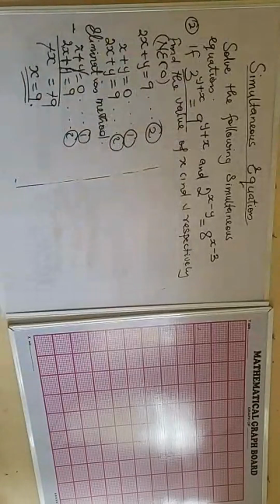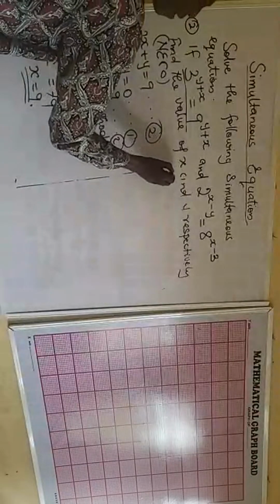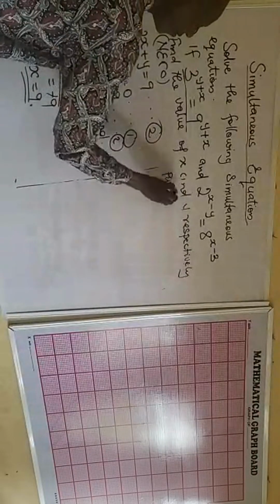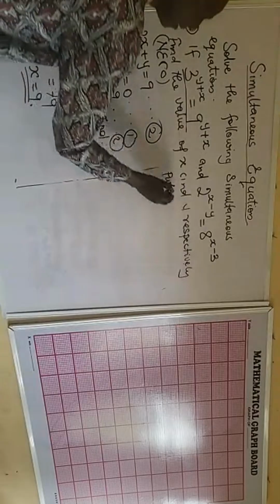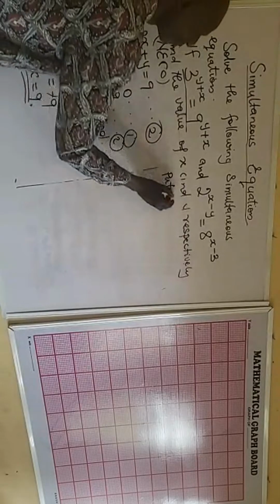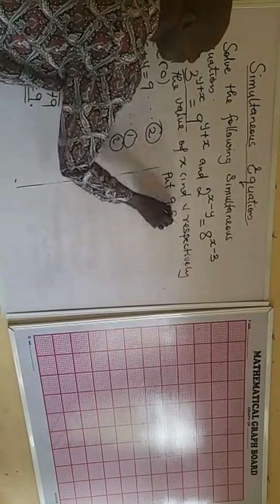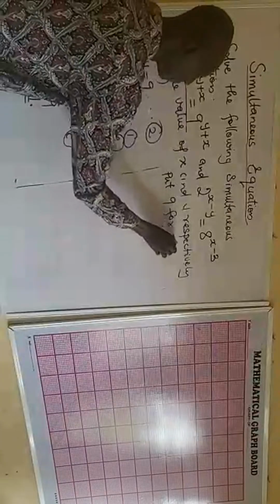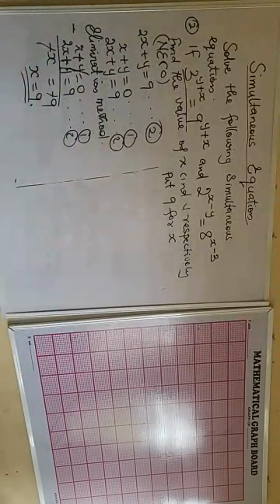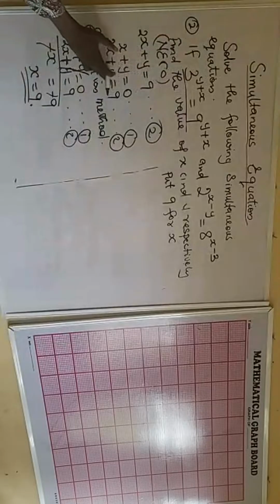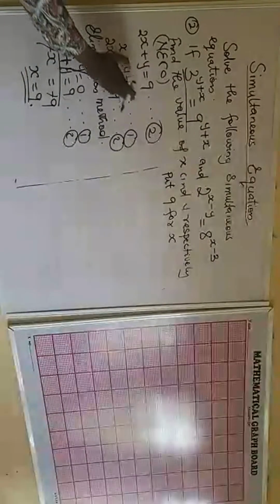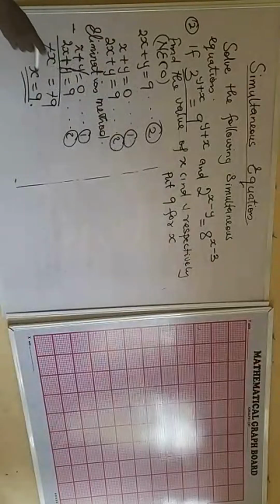I hope you are following me. I will now substitute, or put, or replace this 9 for x into either equation 1 or equation 2. You can put it in either equation 1 or equation 2.